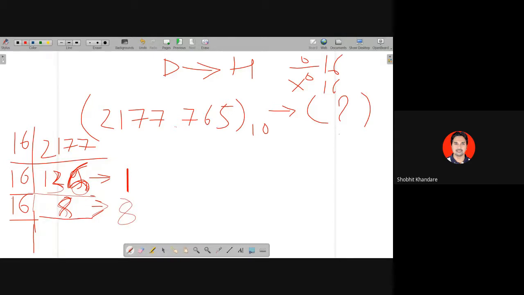Now it is fine now? Yes or no? Can I further divide by 16? No, sir. Now go from bottom to top. So bottom to top approach is this.